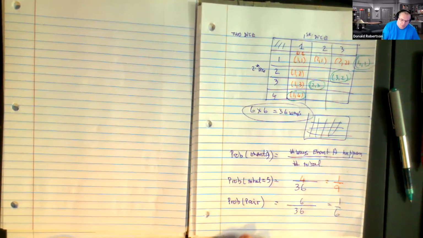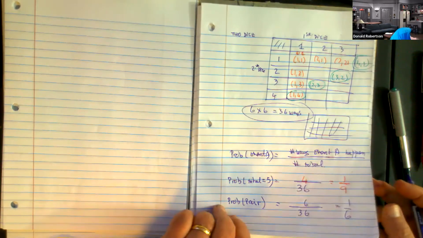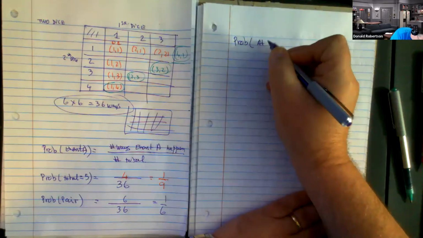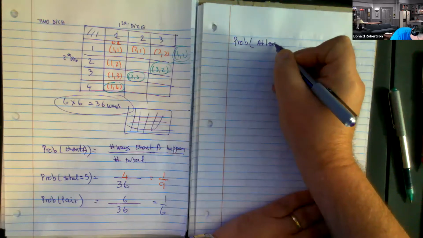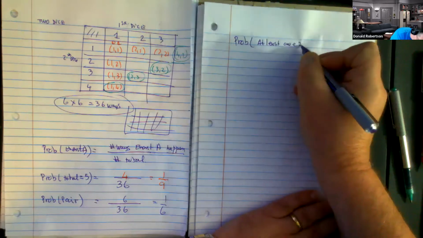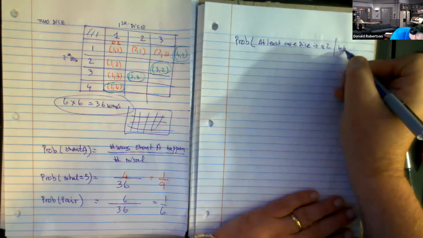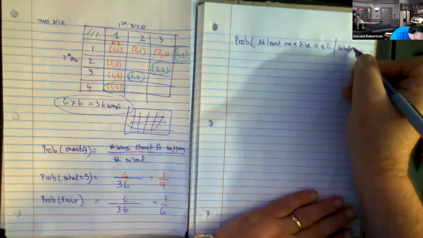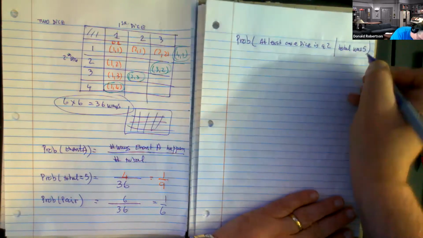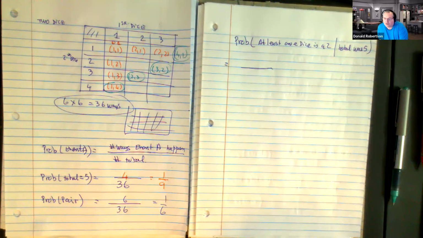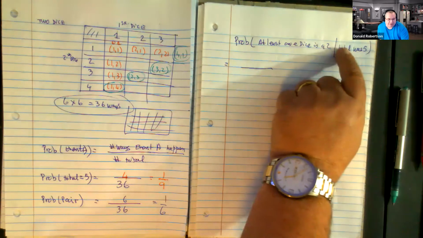You can do a question that is a conditional probability. What's the probability that at least one dice is a 2, given that the total was 5? Now, when you get a conditional probability, you are actually told something has happened. In this case, you've been told that the total was 5.